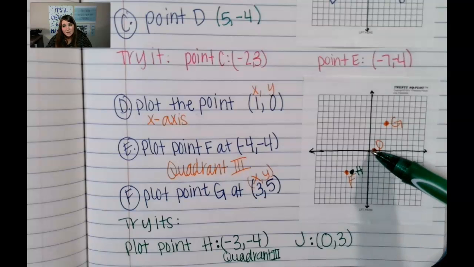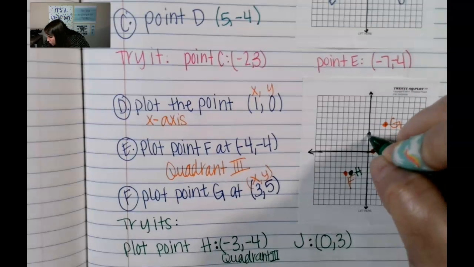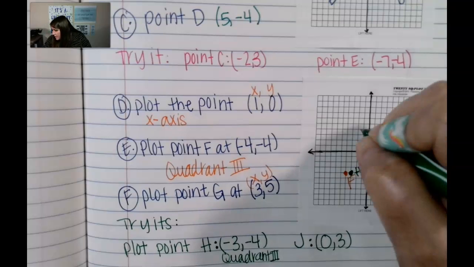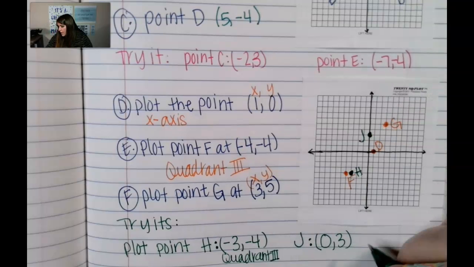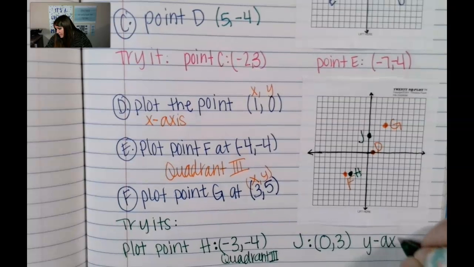Okay, my next point, J, is at 0. So I don't go anywhere for X. It's a 0. So you just stay right there on the 0. But then it's a +3. So I'm going to jump 3 places up. 1, 2, 3. And my dot goes right there. And that is J. J is on the Y axis.